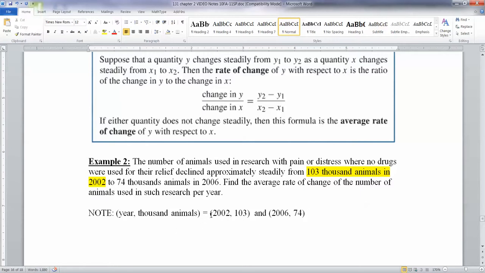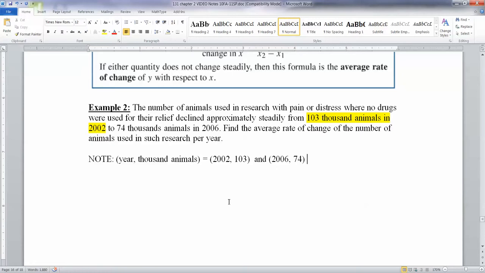If you want, you can invent a starter year for yourself, but it's not really necessary for this one. You can say years since 2000. 2000 would be a good starter year. Then this is 2, and this is 6. It wasn't strictly required for this problem, but it doesn't hurt. It'll make things a little bit easier.